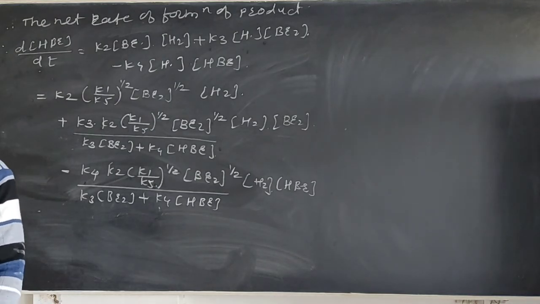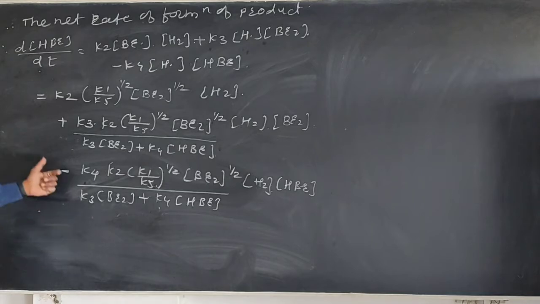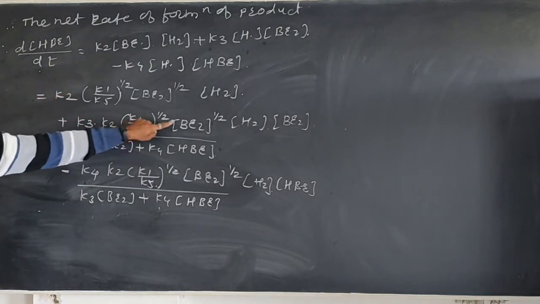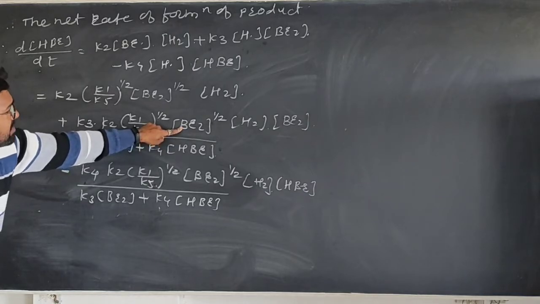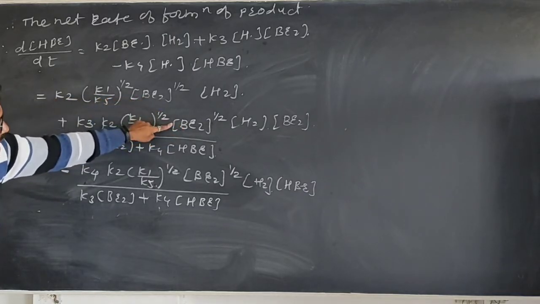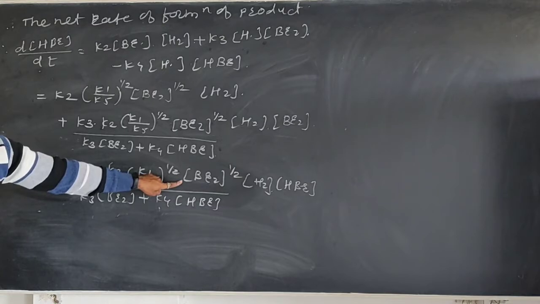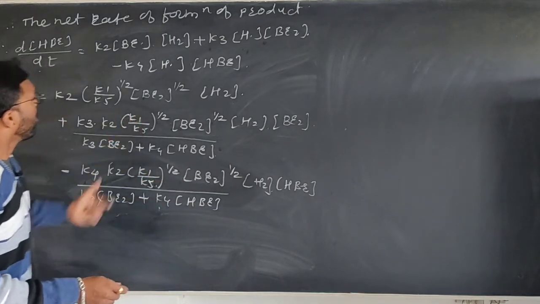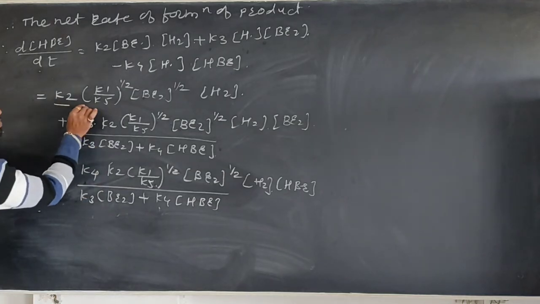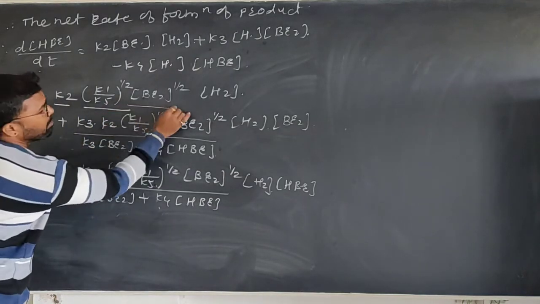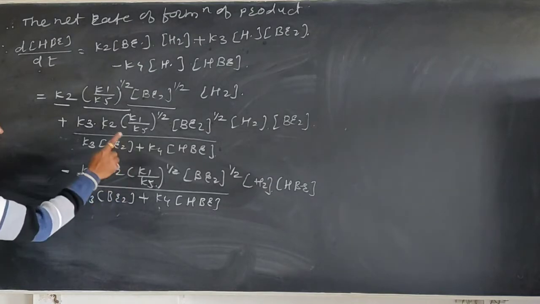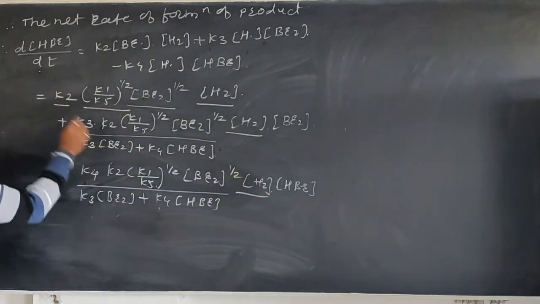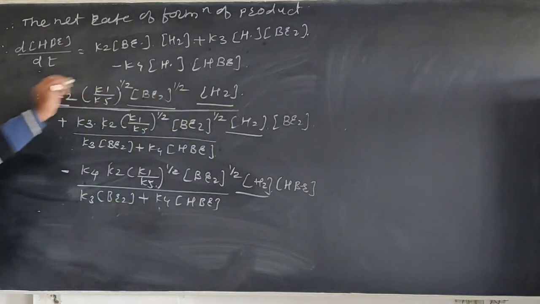So taking these common terms: K2, K1, K5 raised to half, Br2 raised to half, which is also a common term, and H2 is also common there. That means the first expression is totally common.